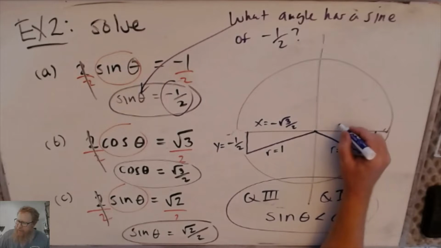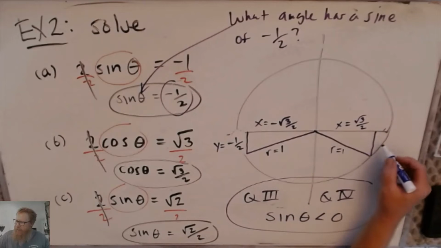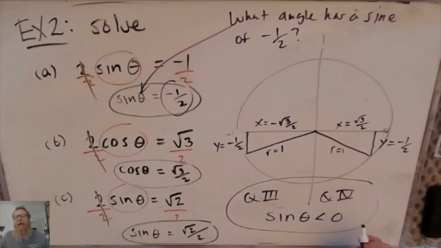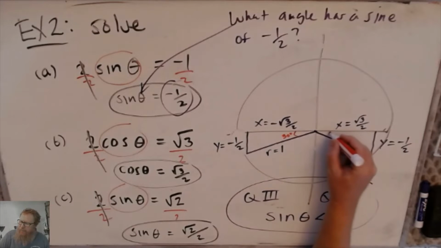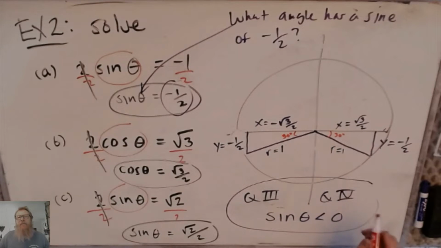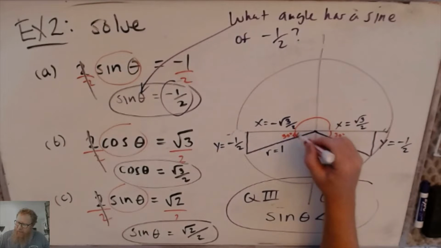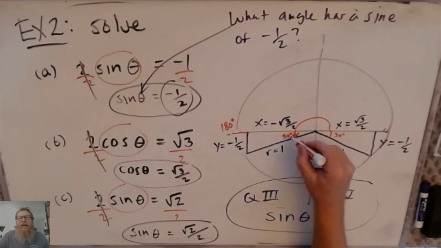So for here, it's x equals positive radical 3 over 2, and y equals negative 1/2 again. And so you should recognize these angles. These angles are 30 degrees. That's the reference angle. So you're going to go 180 plus 30.